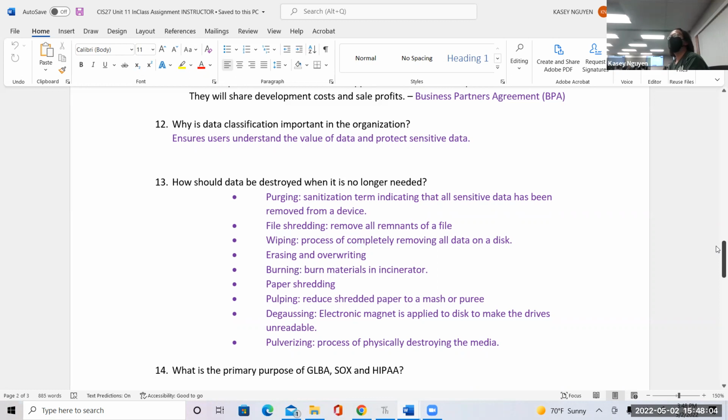Pulverizing is to really physically destroy the media, right? I think I told you this. I don't know if it's on YouTube anymore, but I saw a YouTube video a long time ago that a guy ran over a smartphone with a car and then disassembled it and took out the storage on it and was still able to recover data from it.